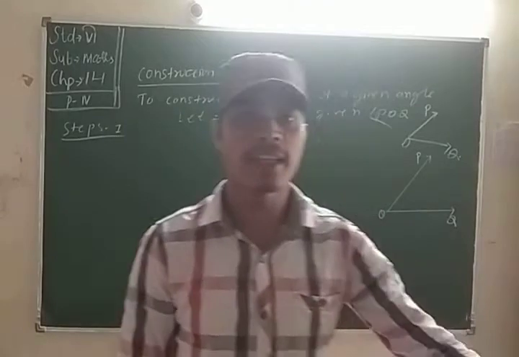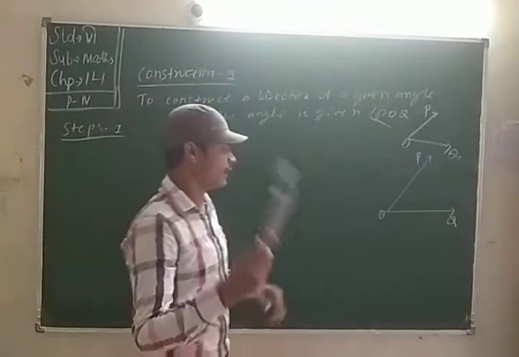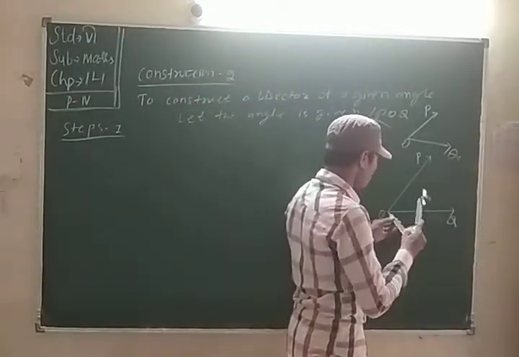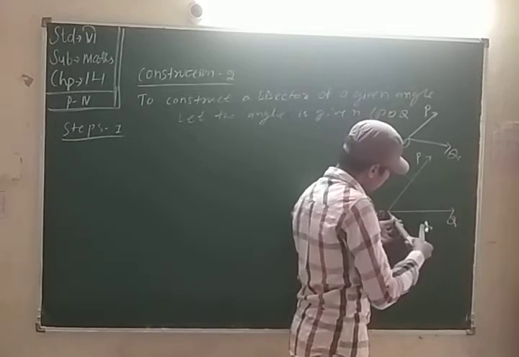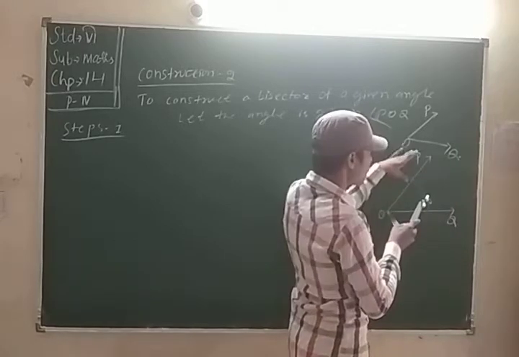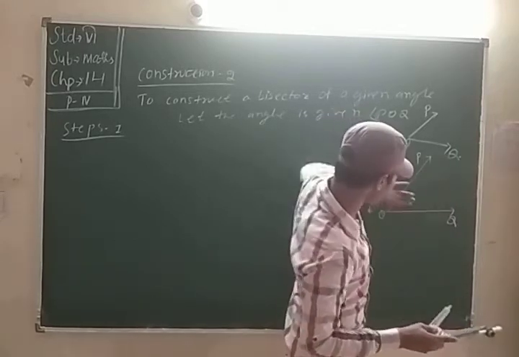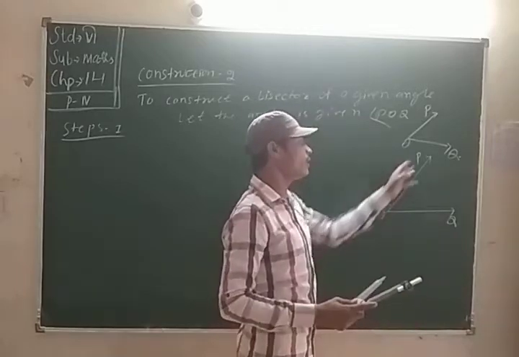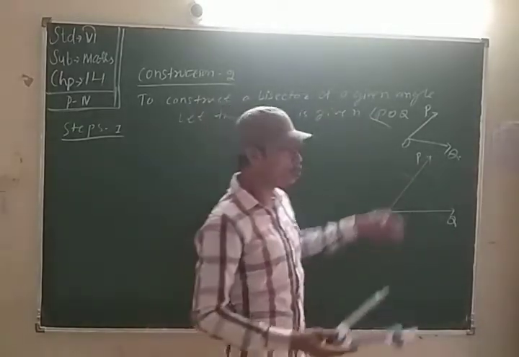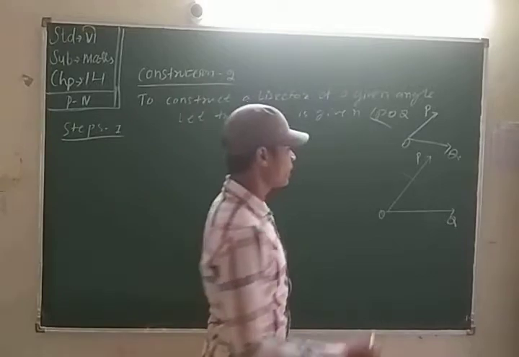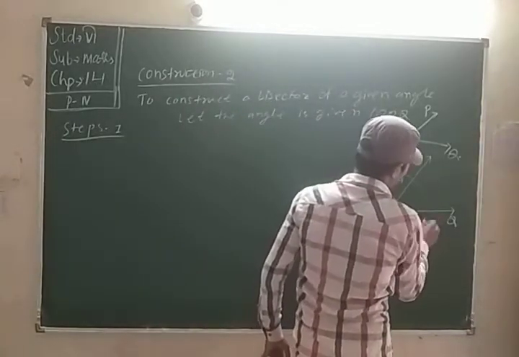Now you take a compass and draw an arc that cuts both arms OP and OQ. Then we get 2 points, A and B.